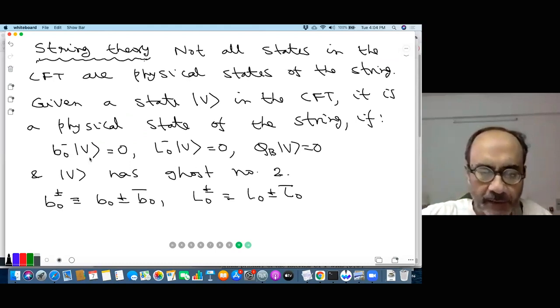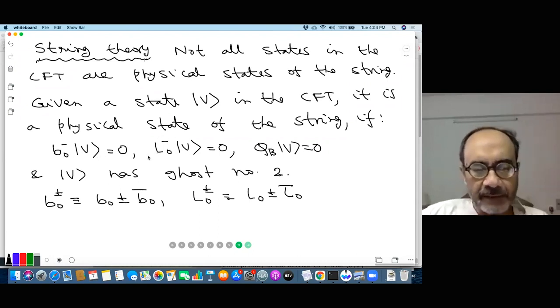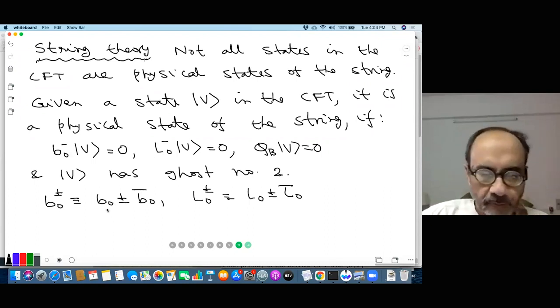And this is a condition that you have to impose together with this. I'll not give very much detail of this, but this basically follows from the BRST procedure and this condition over here. But operationally, it should be clear what it means. Take a state V, check if all these conditions are satisfied. If all these conditions are satisfied, then V is a physical state of the string.